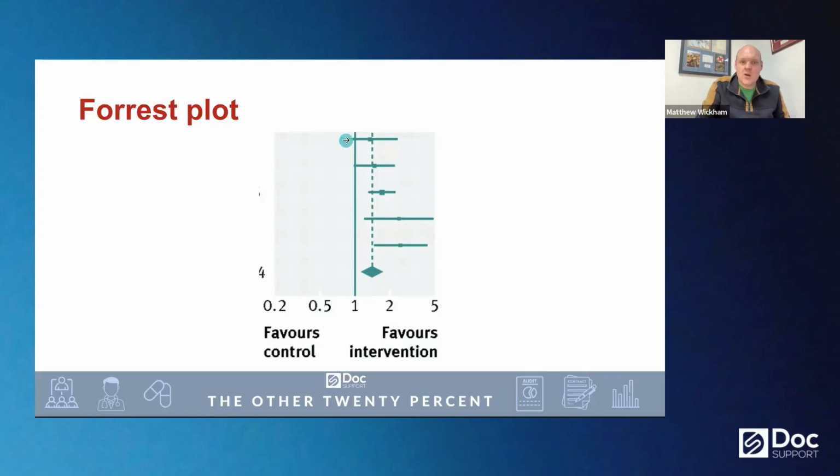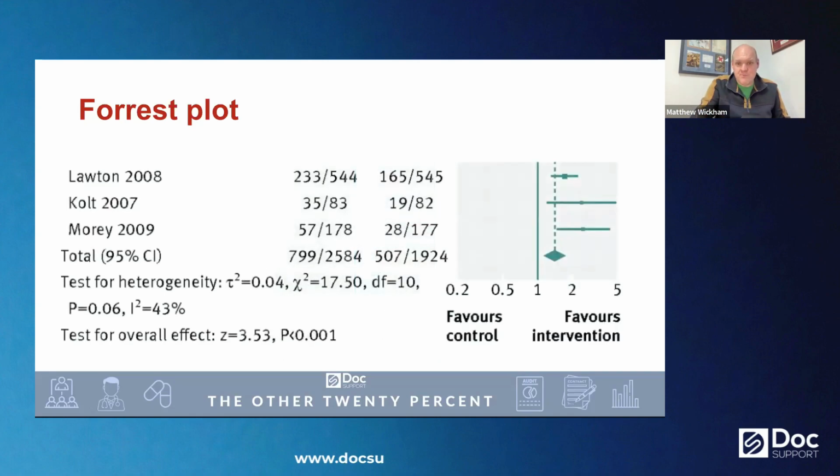You can say, well, hang on a second, Dave, what about these? They still clearly favor intervention because they're mainly over on that side, but they're touching the line. So they still favor intervention, but it's not statistically significant. You've got those two things to look at, and you can start to mentally go through them.